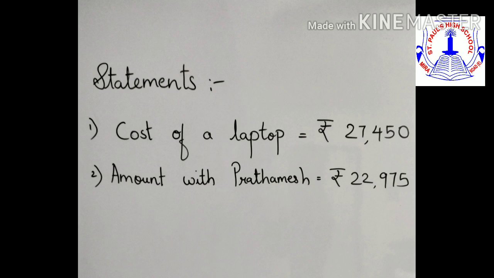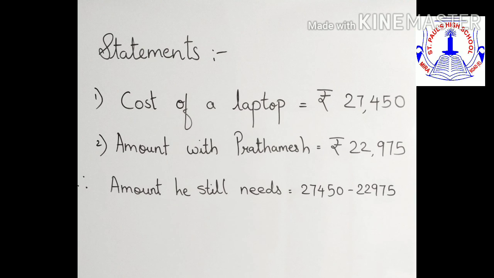Second statement will be amount with Prathamesh is equal to rupees 22,975. Next statement, therefore, amount he still needs is equal to 27,450 minus 22,975.